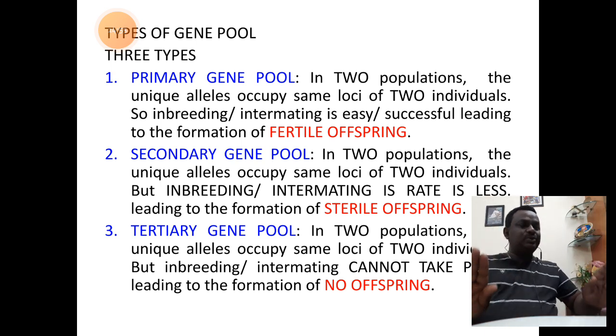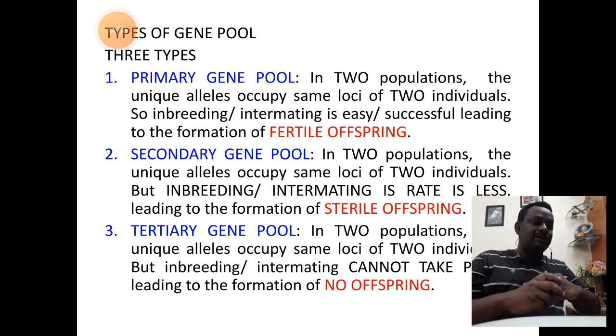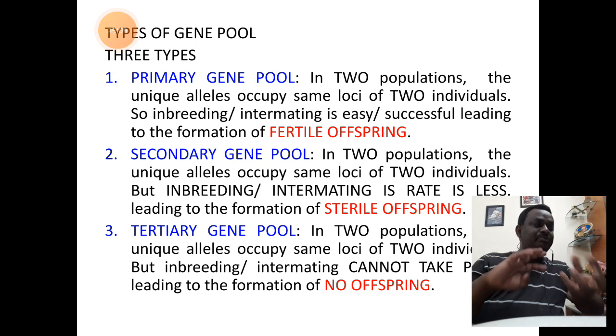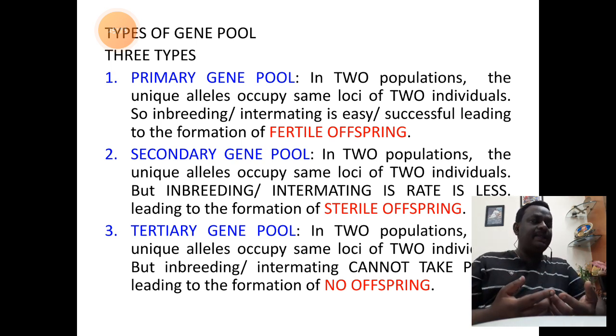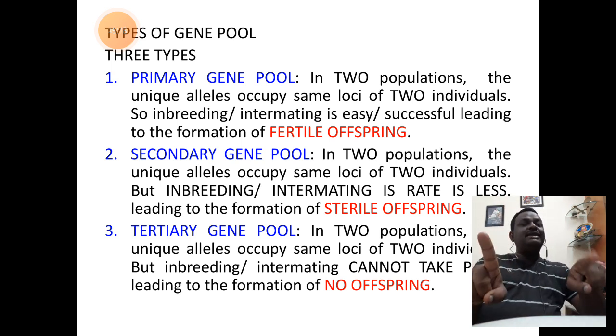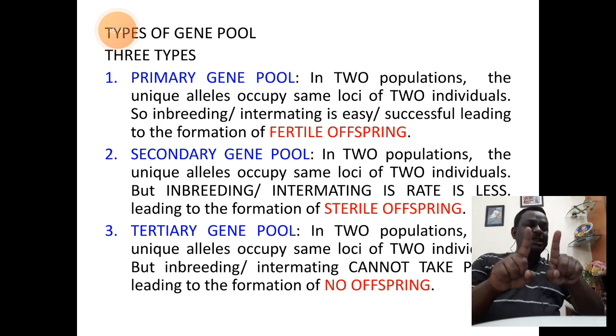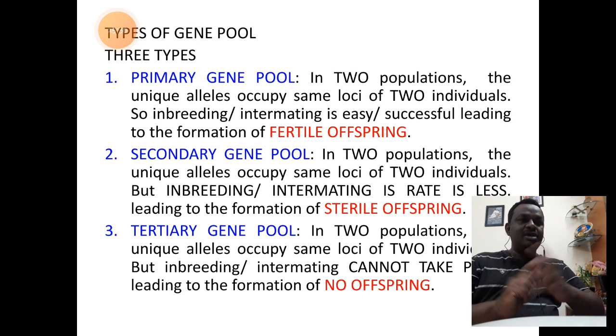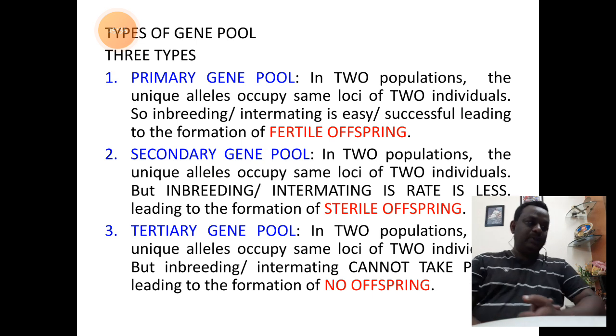Meaning to say, the 2 individuals involved in mating or inbreeding show the same location of the gene, so the same loci, such that the inbreeding success rate is so high that it produces fertile offspring. So when two individuals carrying the unique alleles mate, they show the formation of successful offspring, which is a fertile individual. So if fertile offspring is obtained, we call it the primary gene pool.